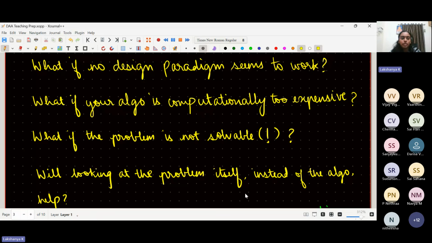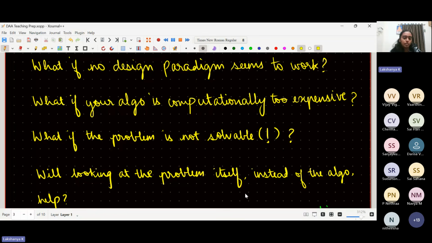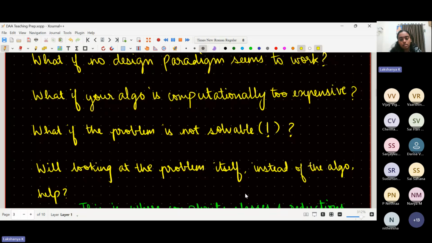Because everything we've done so far, divide and conquer, dynamic programming, greedy, backtracking, branch and bound, whatever, is tinkering with the solution, trying to come up with a solution using different heuristics, different methods. Instead of doing that, in all these cases, will it help to look at the problem itself? That is what we're going to primarily be dealing with in complexity classes and reductions.